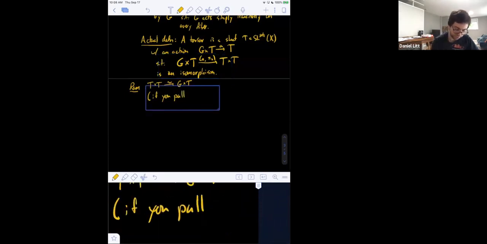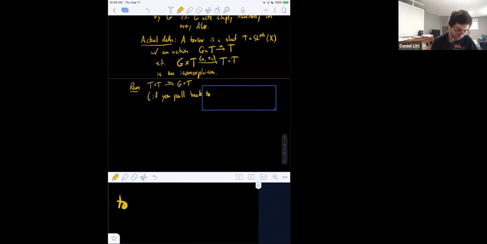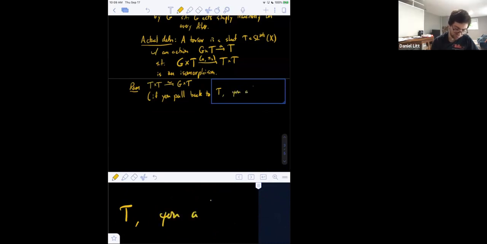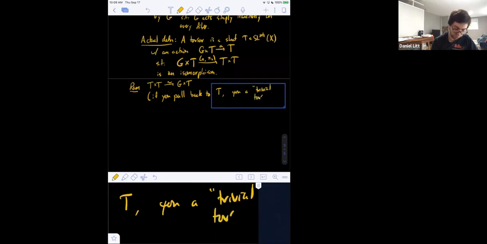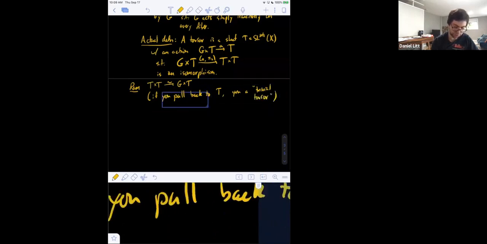So if you pull back to T, that's T times T, then you get a trivial torsor.